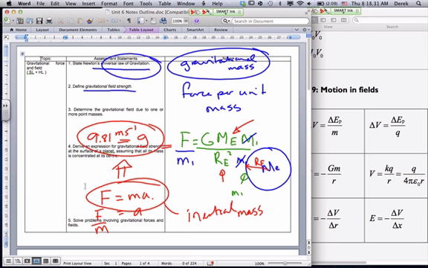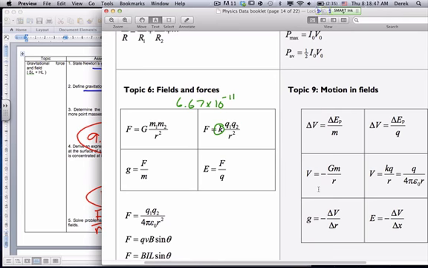So we get the same mass using either one. And that's why we can equate these two together: force is equal to ma, and force is equal to Newton's universal law of gravitation. So we have these two formulas, which you need to be able to use.